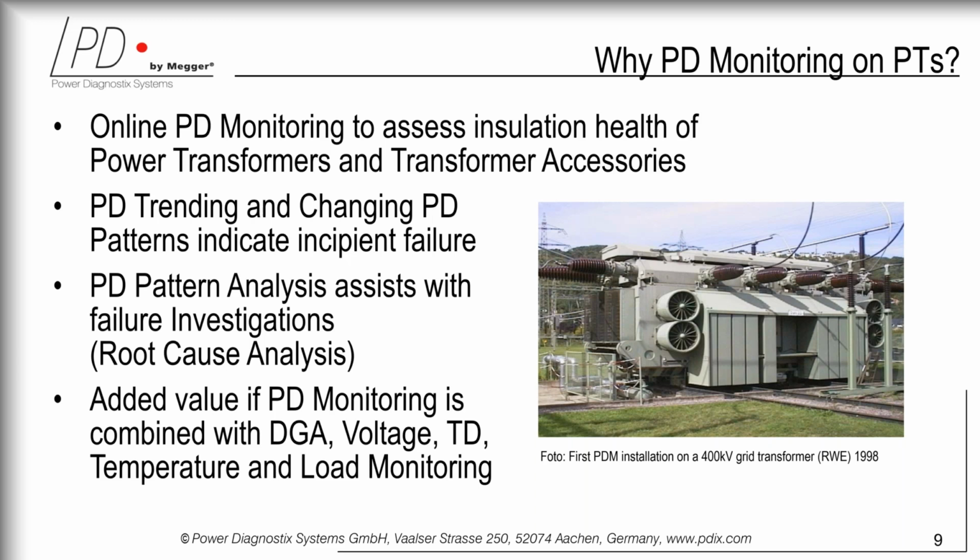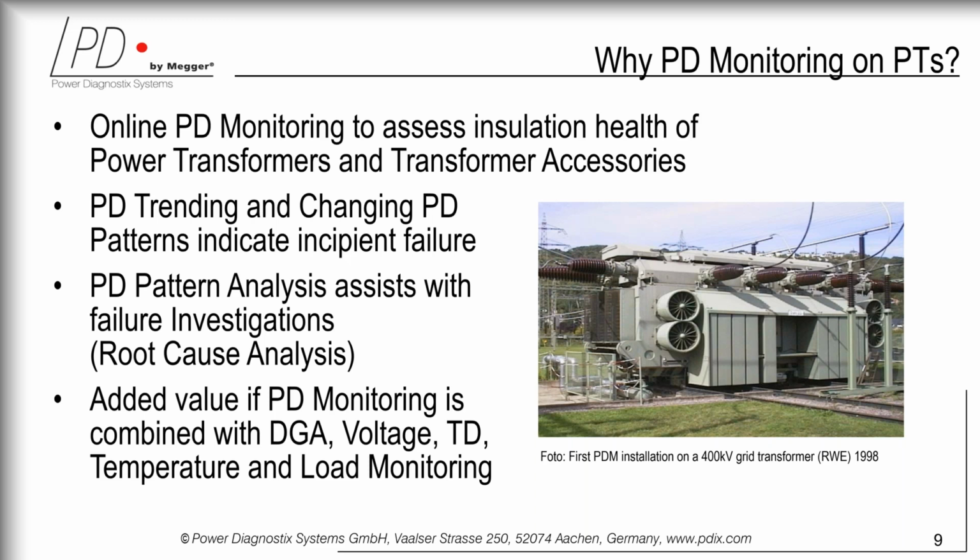But then the transformer goes through various stages, and it's very important to record the trends, how, let's say, the partial discharge evolves through time. And therefore, the trending and the changing patterns are very important to be recorded and looked at because they can indicate incipient failures. The analysis of such patterns can further down the road assist with potential investigations.